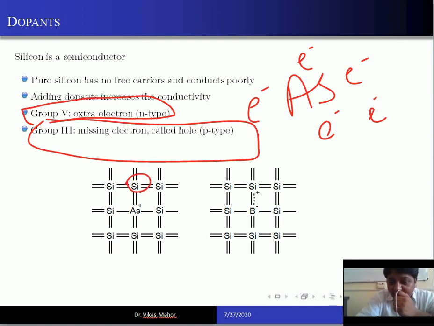Let us say this is the arsenic atom which we have added into this silicon. So 4 of the valence electrons of arsenic have made bonds with the silicon, and what remains? A single electron remains here, which has not yet bonded with any of the silicon.